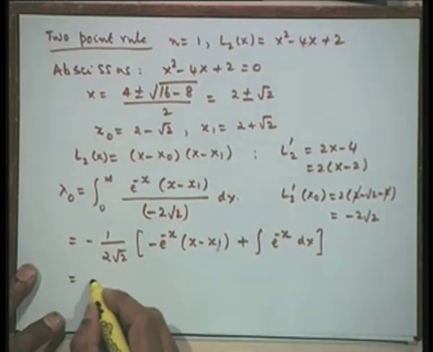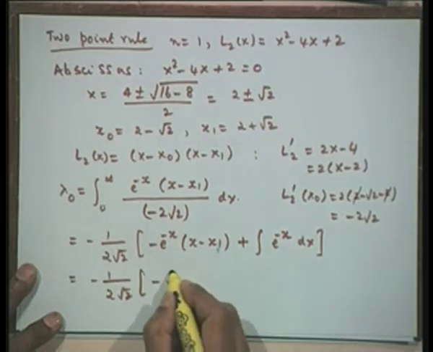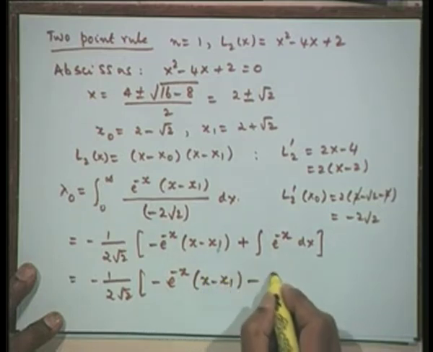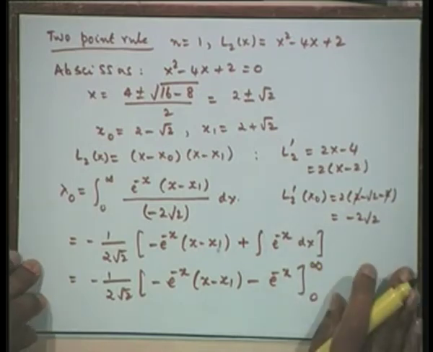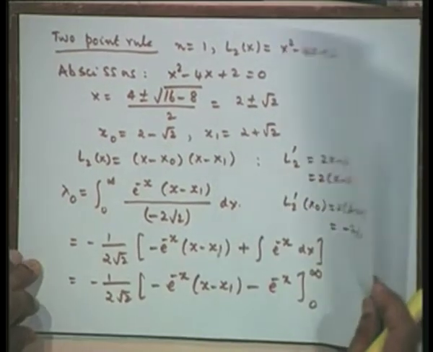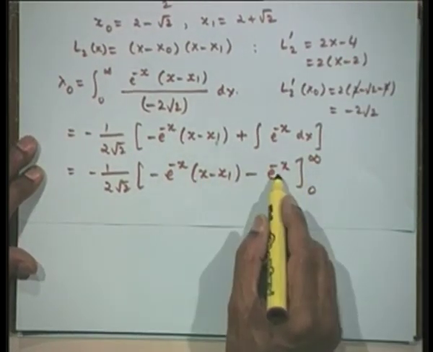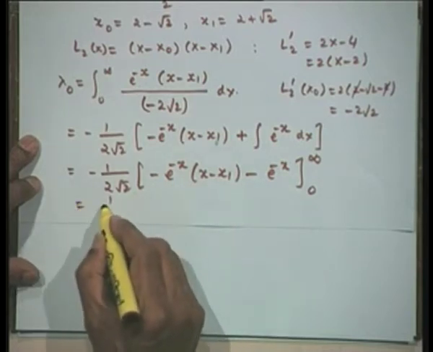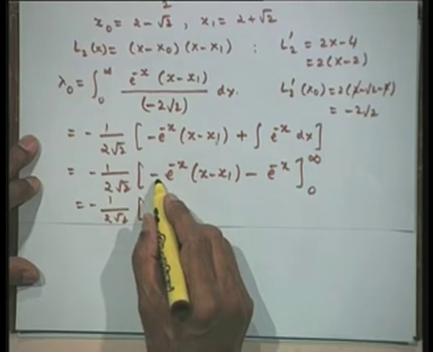So, this is minus 1 upon 2 root 2 times [minus e to the power of minus x (x minus x1) minus e to the power of minus x] from 0 to infinity. At infinity both of them are zero, and at the lower limit we will have 1 upon 2 root 2, this is a plus sign.